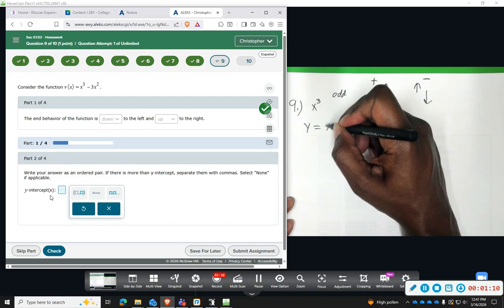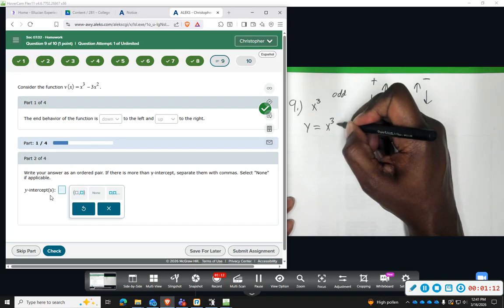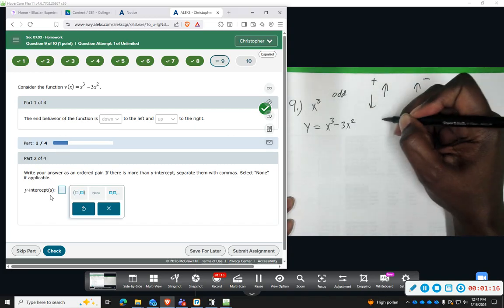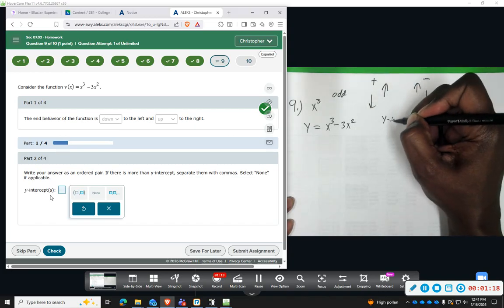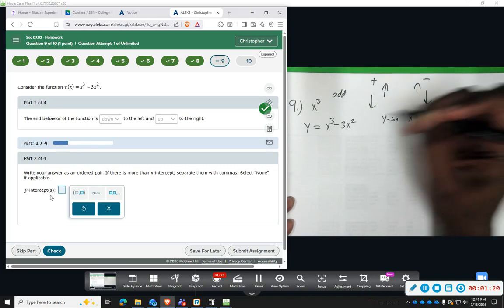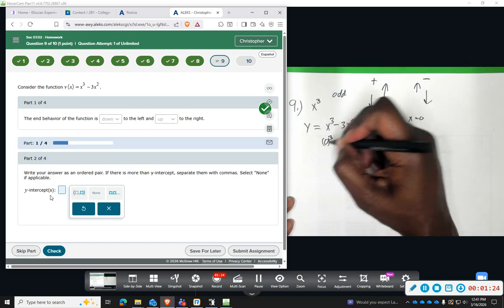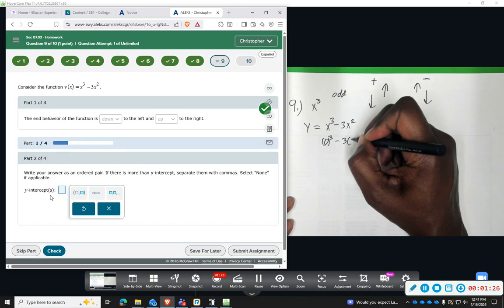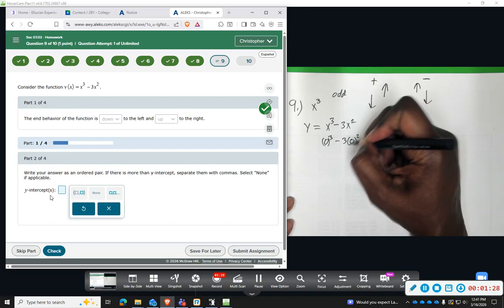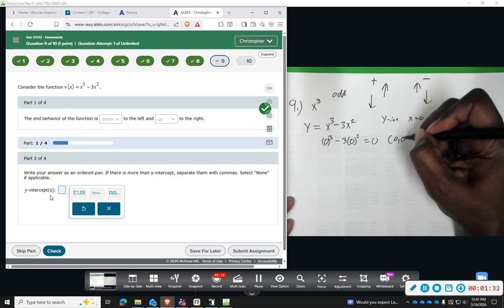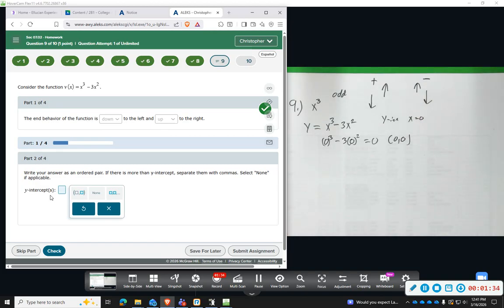We have x to the third minus 3x squared. For the y-intercept, x equals 0. If you plug in a 0, 0 to the third power is 0, minus 3 times 0 squared, which is also 0, so we just get 0. As an ordered pair, we get (0, 0).